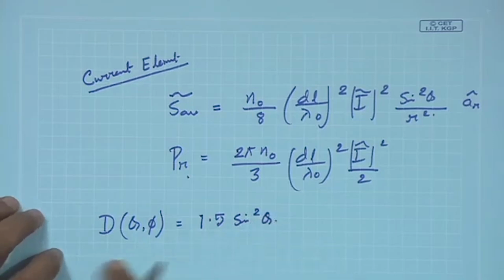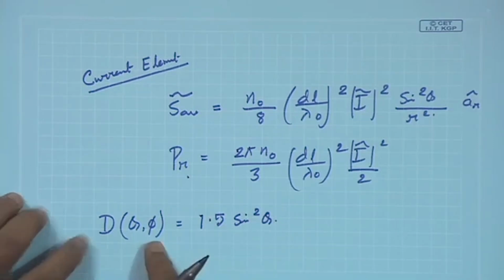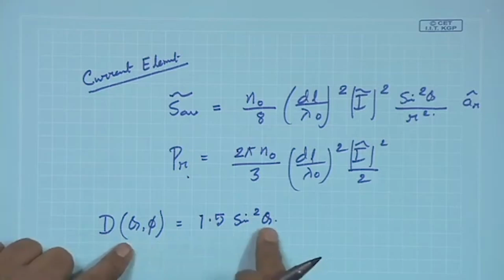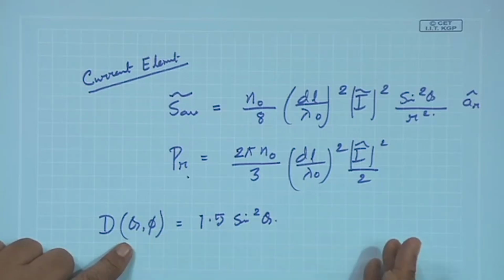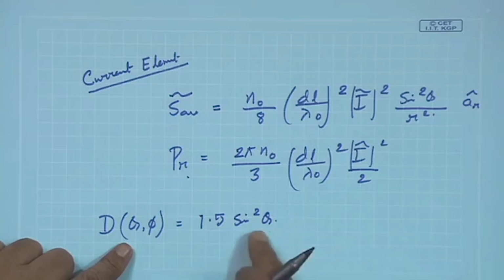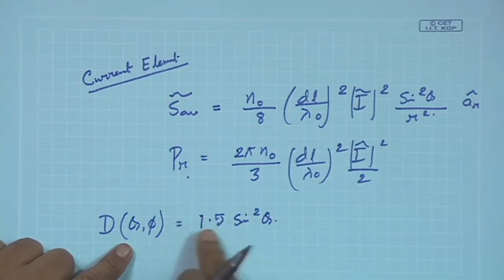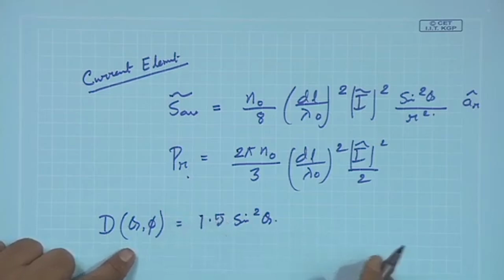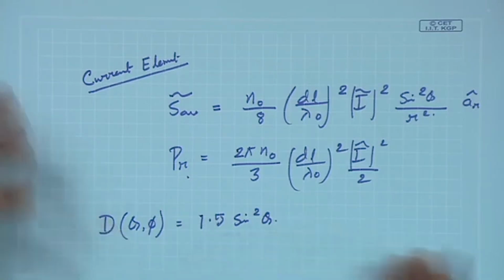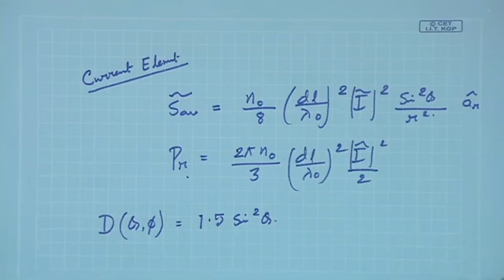So, it says that you give any angle. So, suppose theta is 30 degree. So, sin theta is half. So, sin square is 1/4, that means 0.25. So, you can find out it is 1.5 times 0.25, that is 0.375. Like that you can get those values.